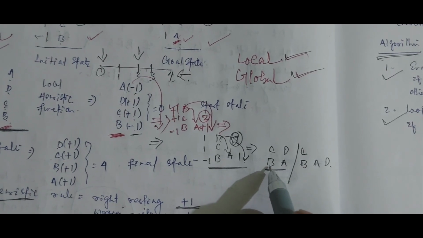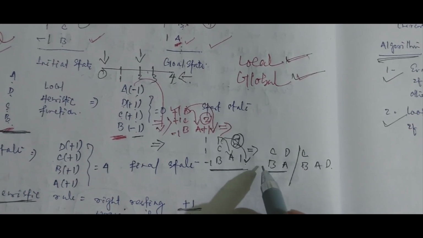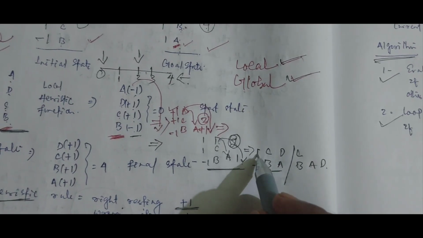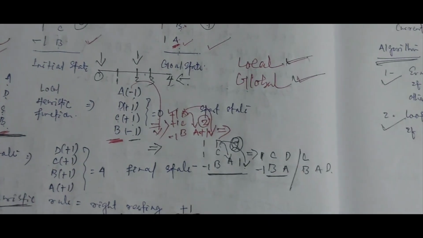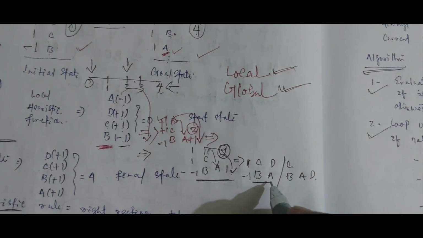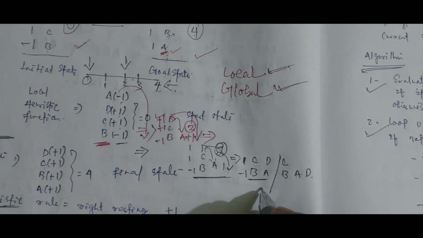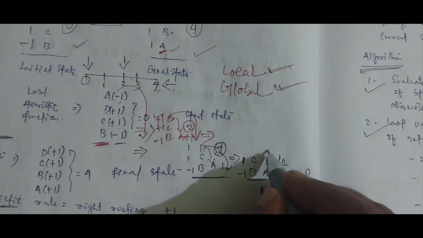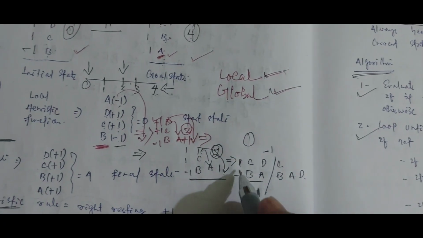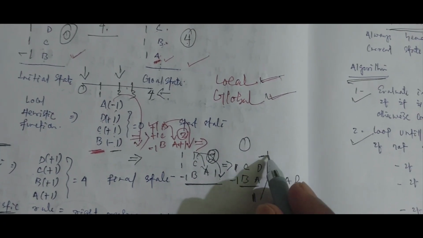B is at the wrong position, -1. C is at the right position, +1. A is at the right position, +1. D is at the wrong position, -1. So that becomes 0.